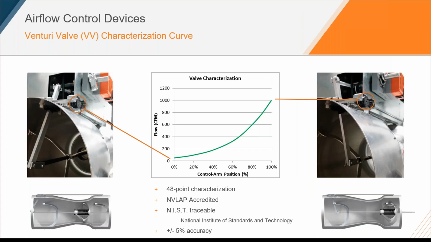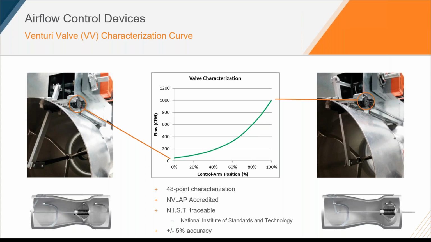So due to the fact that there's no ability to relate pressure inside the valve to airflow, what we instead have is a relationship between the control arm position of the valve and the flow going through the valve. Typically with these venturi valves, you're going to have robust factory testing to ensure high accuracy and high repeatability, so that whenever the control arm position moves, we're getting the same airflow through the valve.